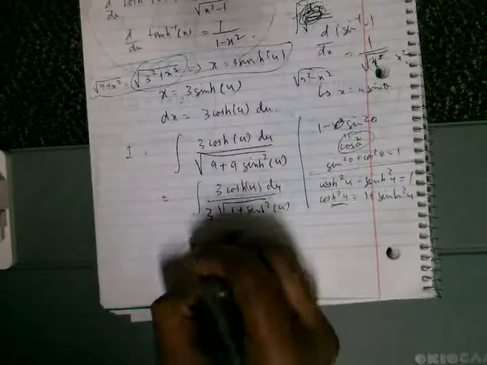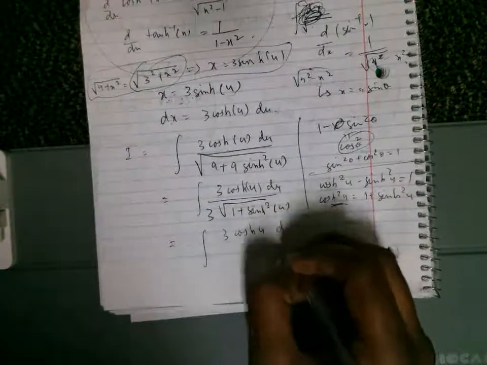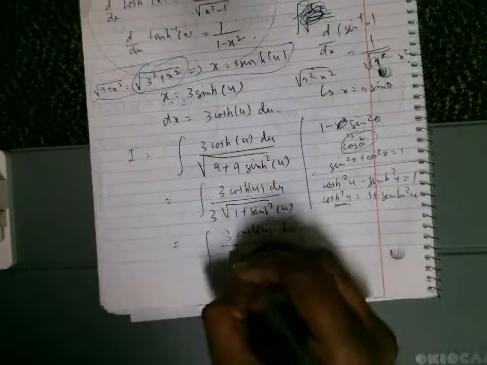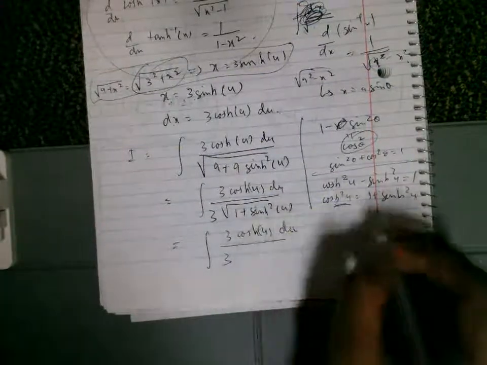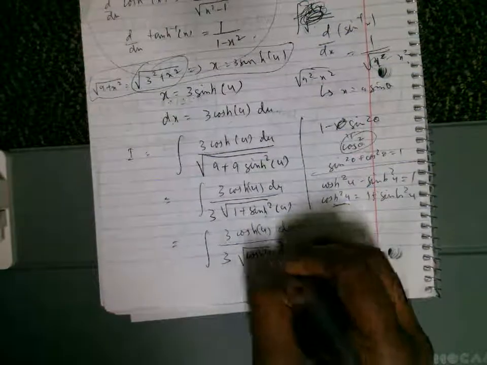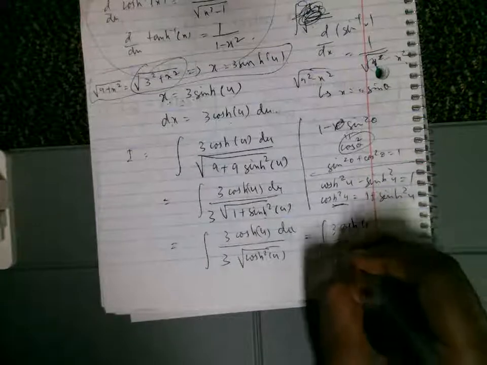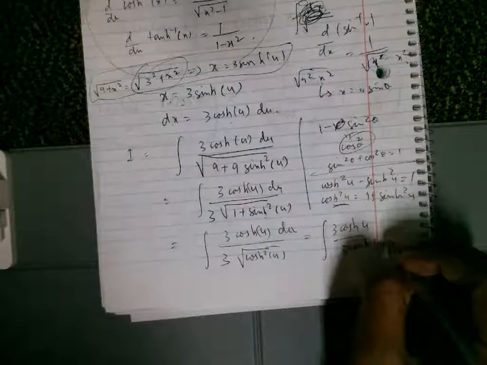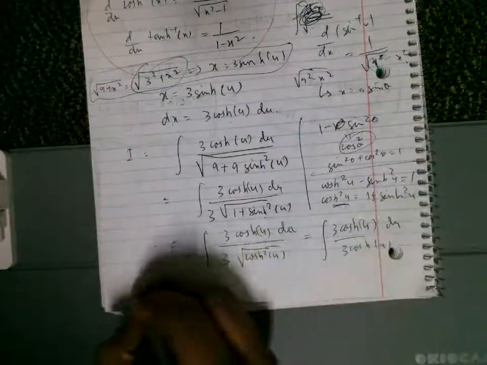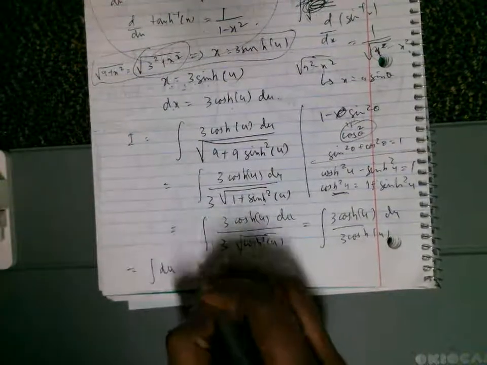So this becomes the integration of 3 cosh u du by 3, where 1 plus sinh squared becomes cosh squared of u under the square root. So this becomes 3 cosh u by 3 cosh u du, which is just the integration of du, because this ratio is 1.